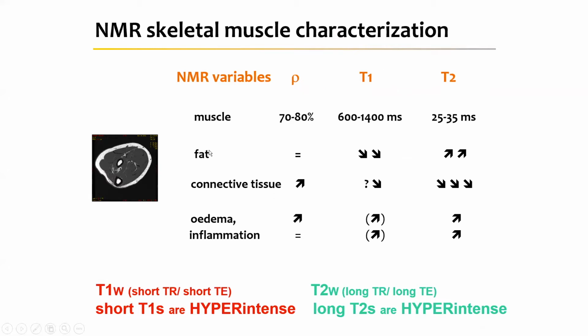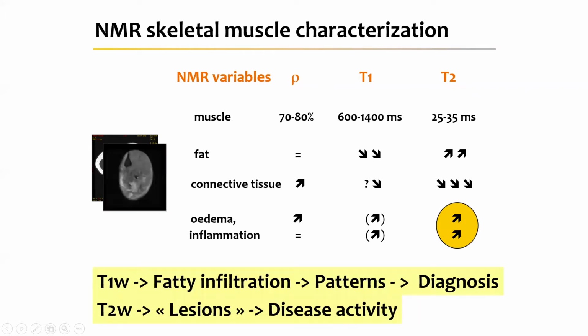Fat has a very short T1, which makes the T1 weighted sequence perfectly able to detect the fatty infiltration. Now, if you think about inflammation, edema, lesions, it's rather the T2 that is increased. So you would favor T2 weighted sequences for the detection of lesions, and it works nicely.